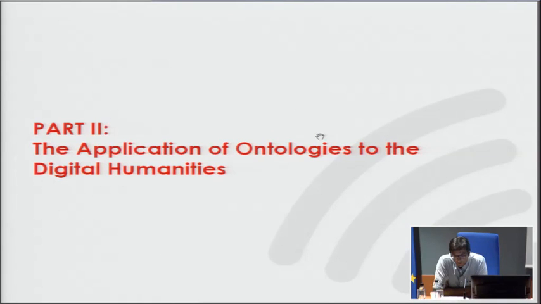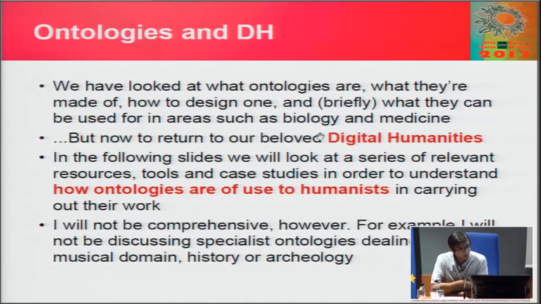So far, we've looked at what ontologies are, what they're made of, how to design one, and very briefly we've looked at what they can be used for in areas such as biomedicine. But now we're going to return to our beloved digital humanities, and in the following slides, I'm going to look at a series of tools, resources, and case studies in order to understand how ontologies can be of use to humanists in carrying out their work.